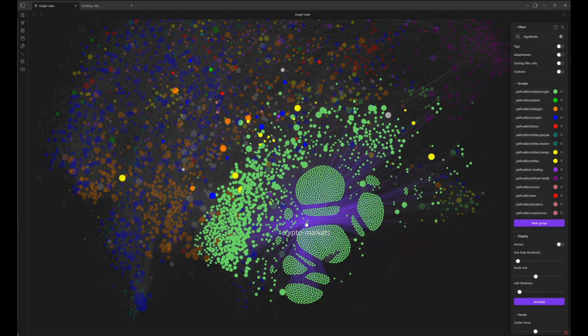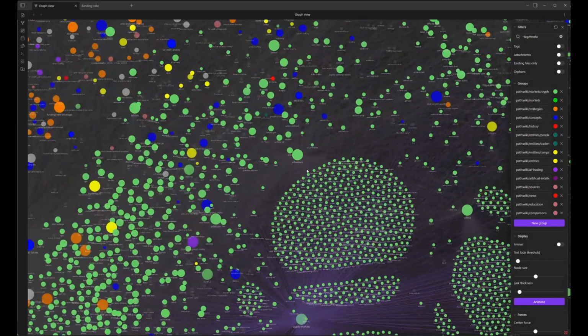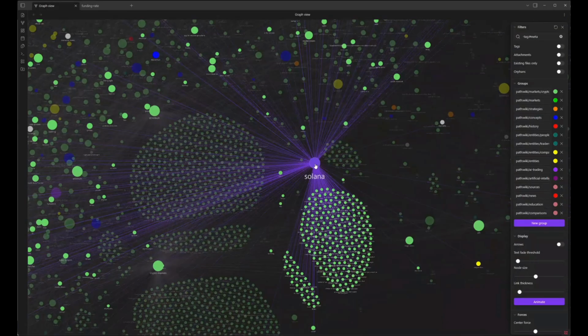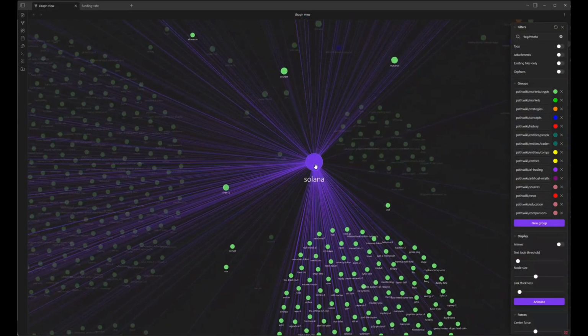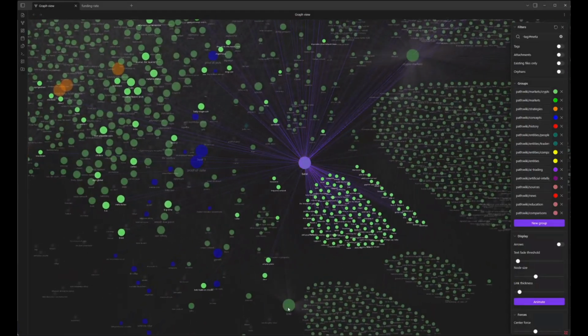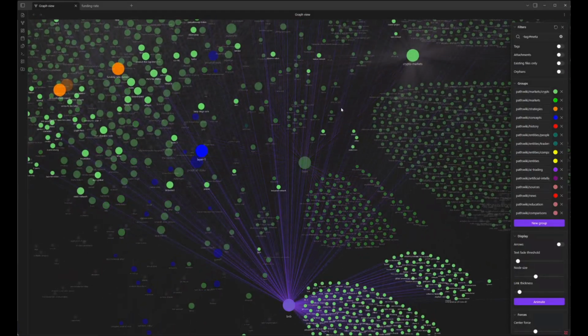The crypto markets are in green, and when we zoom in to see a closer look at the connections, we can see there's Ethereum and its ecosystem. There's Solana and its ecosystem. There's Base and BNB.